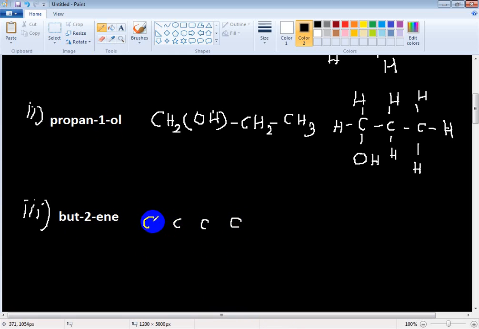And the second position, position 1, position 2, the second position is a double bond, and here a single bond. So it will be 3 hydrogens here, and here 1 hydrogen, here also 1 hydrogen, here 3 hydrogens.